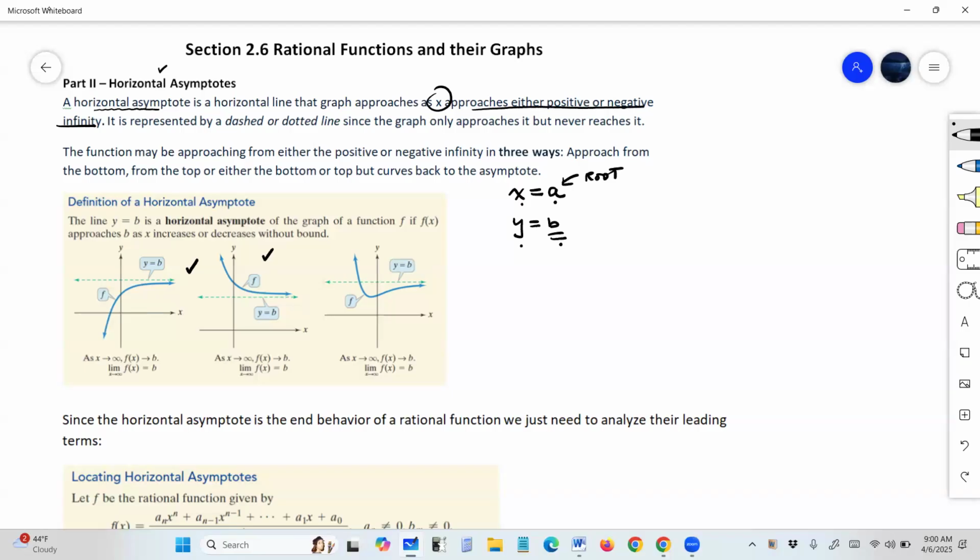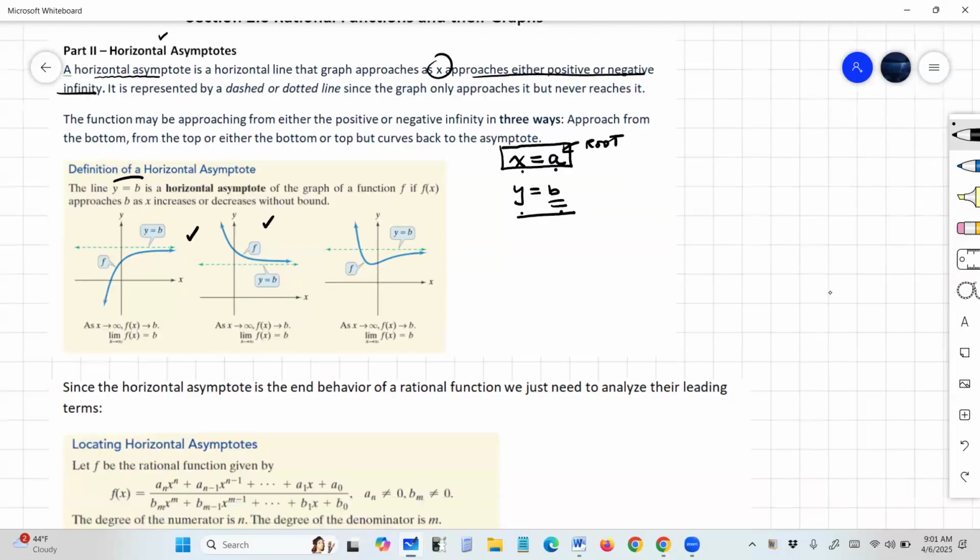It's important that you write the horizontal asymptote correctly. This is going to be the format of the horizontal asymptote. It's an equation and it's always y equals. The vertical asymptote always has equation x equals a number, and the horizontal asymptote is y equals a number.